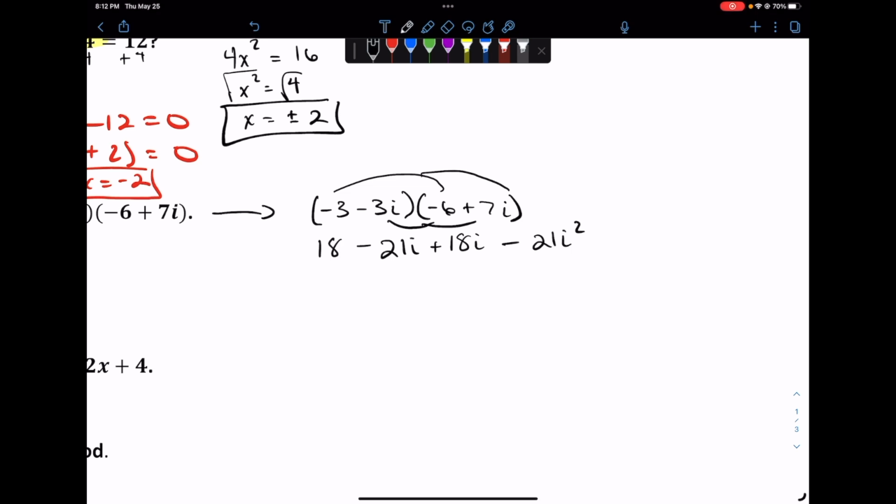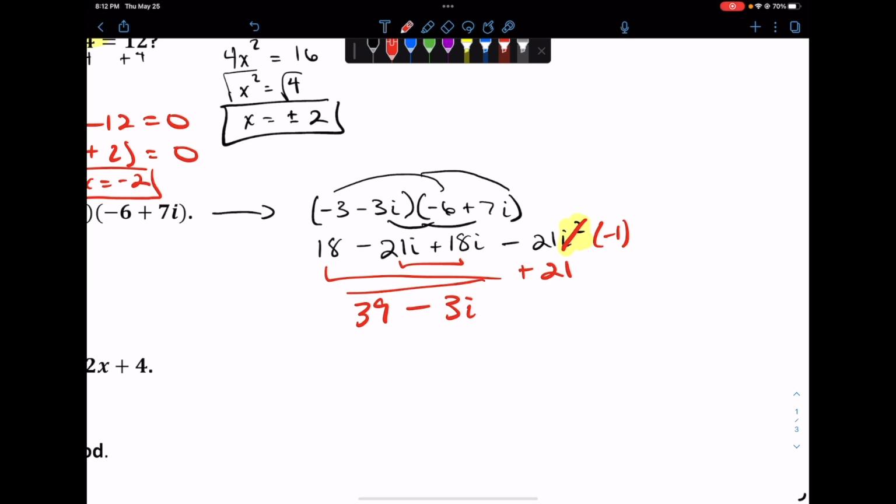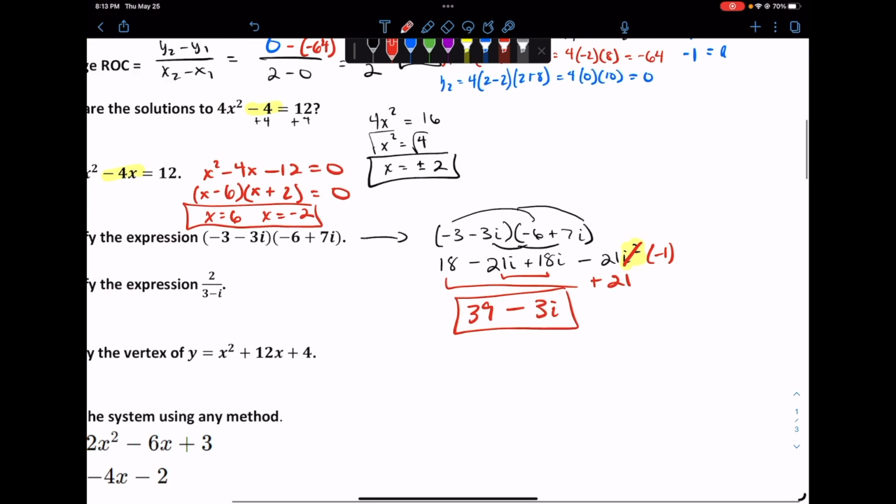Okay, so remember, i squared, that's just negative 1. So this is really a plus 21. So 18 plus 21, let's see, that'll be 39. Negative 21 plus 18, that is negative 3i. So there is my simplified answer.